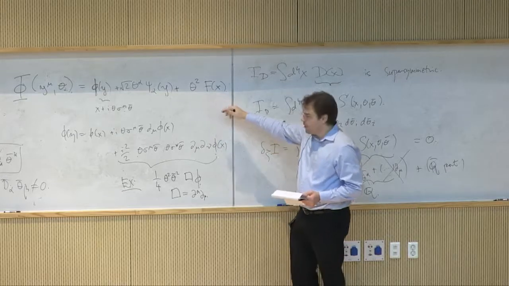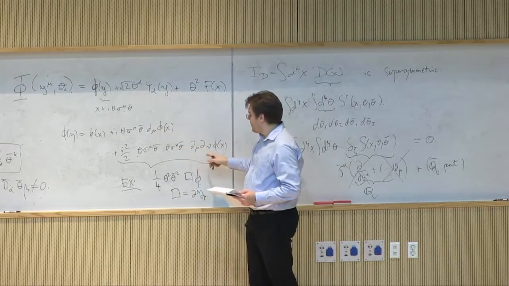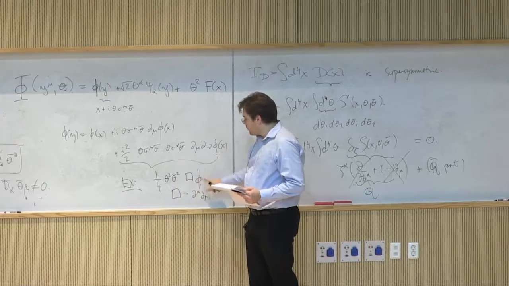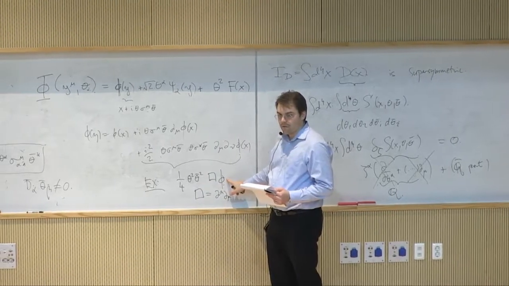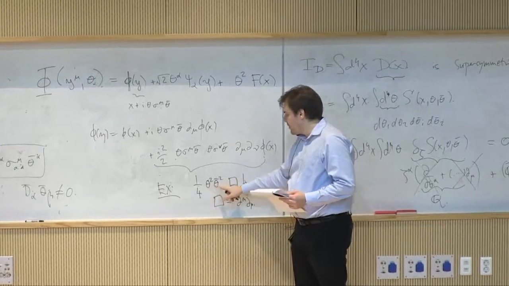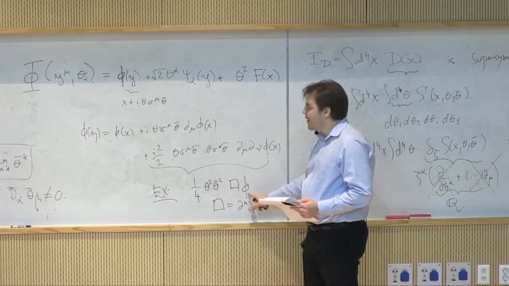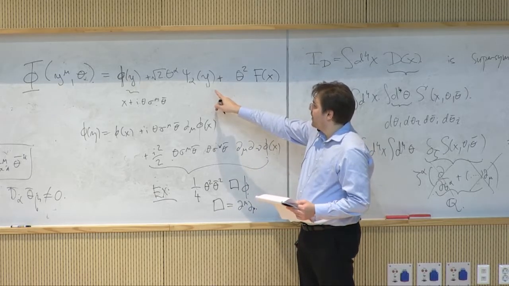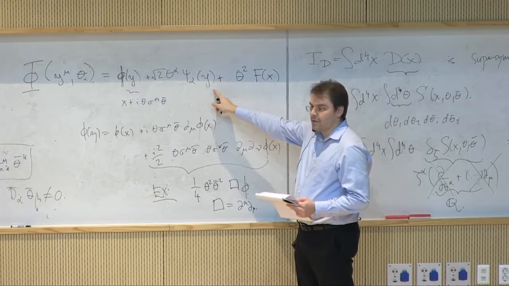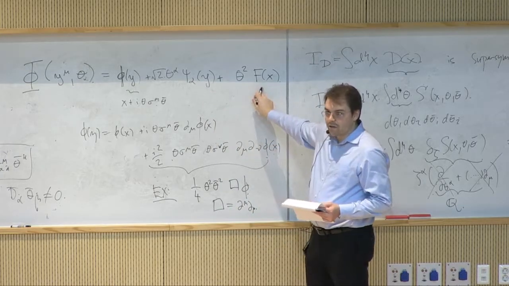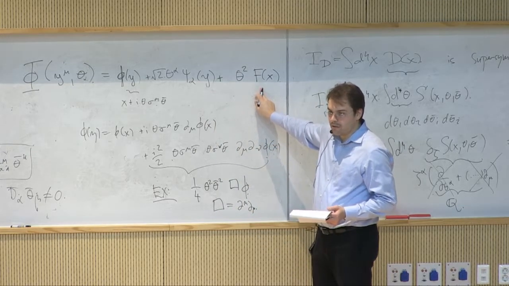That's not really true, because when you expand back in x space, there are theta squared and theta bar squared components, but they all involve derivatives of the other operators. There's a theta squared, theta bar squared component, which is kind of like a d term that involves the box of phi. There's also some theta squared, theta bar operator that involves the derivative of the fermion. But f is the highest operator that's not a derivative of something.